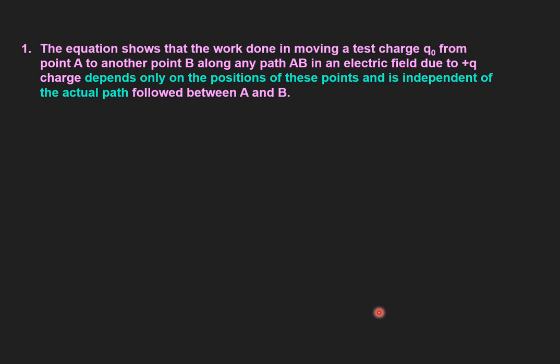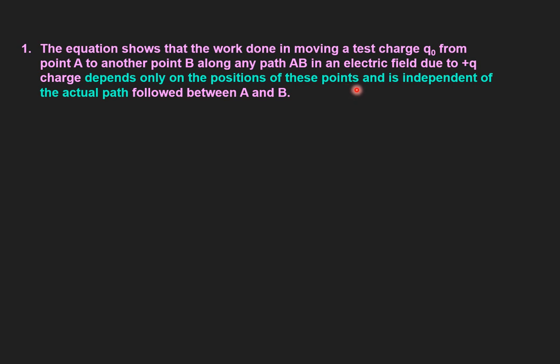So what conclusion can we draw here? First point: the previous equation shows that the work done in moving a test charge Q naught from point A to another point B along any path AB in an electric field due to the source charge depends only on the position of these points.